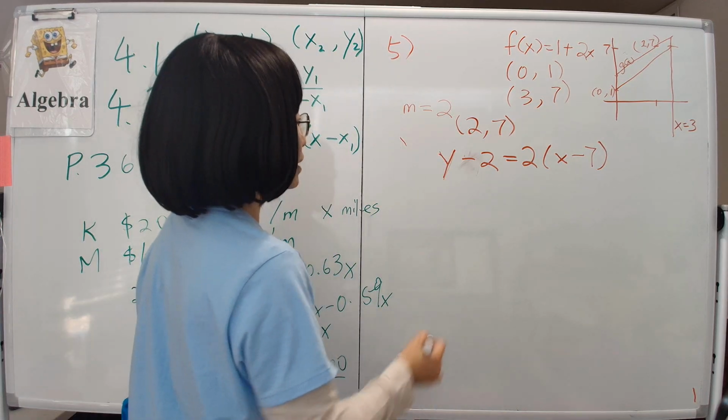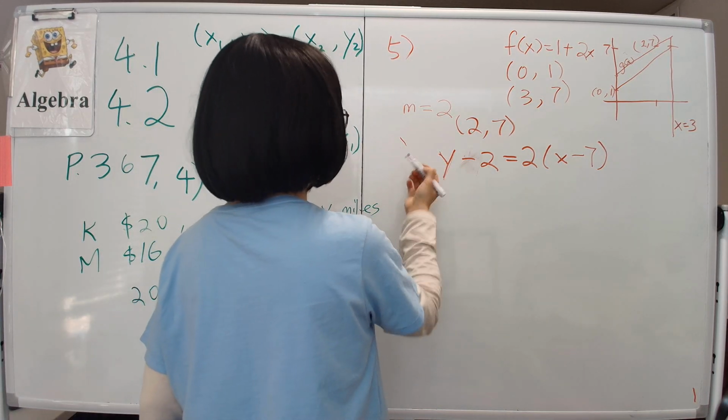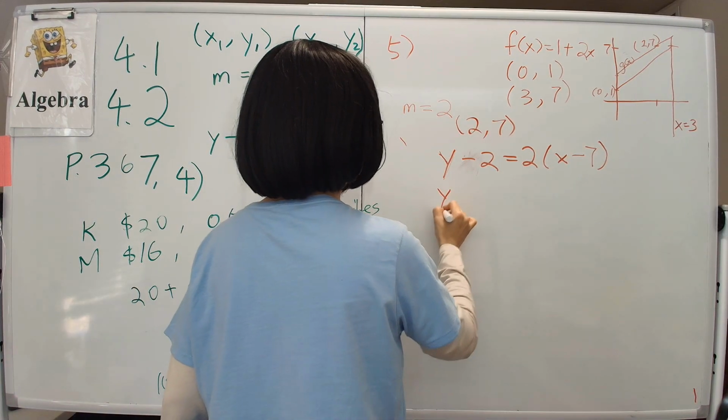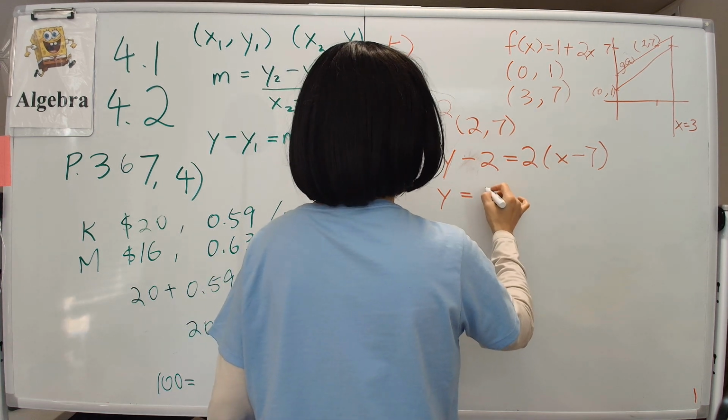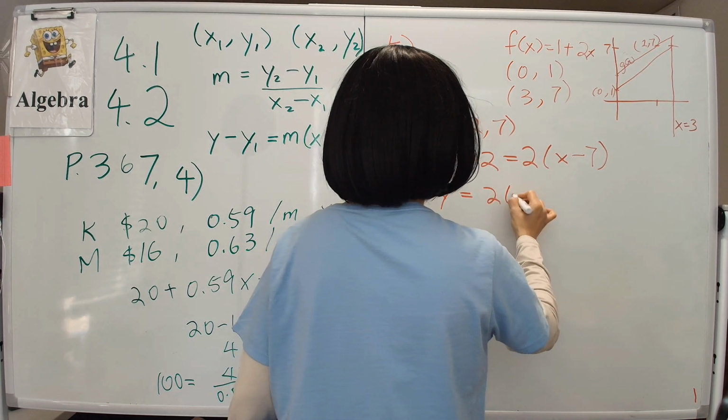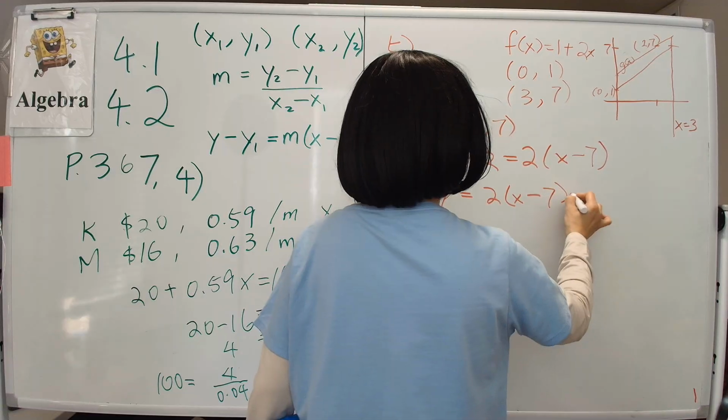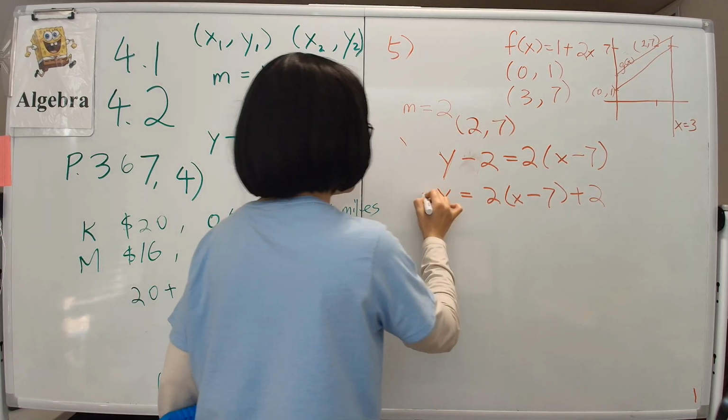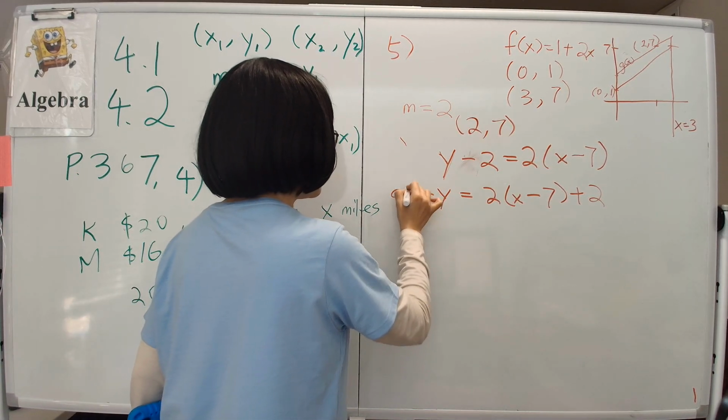And this y equals g of x. So y equals 2x minus 7 plus 2.